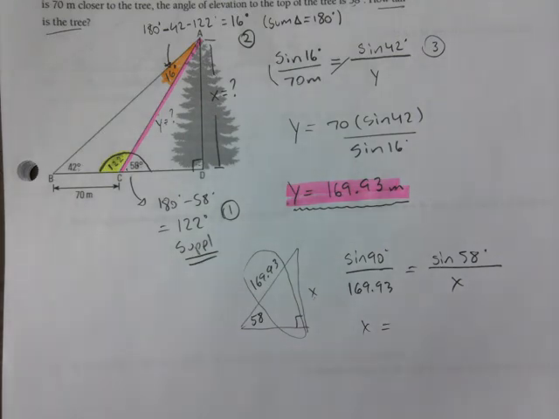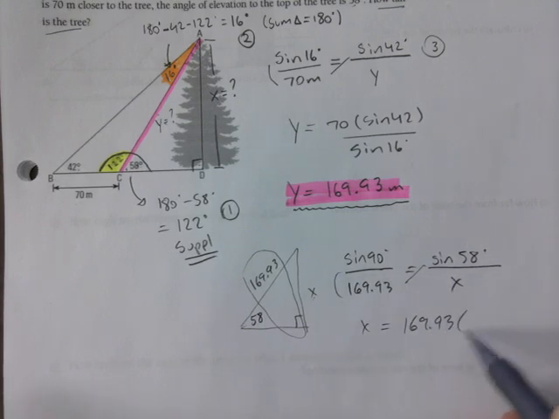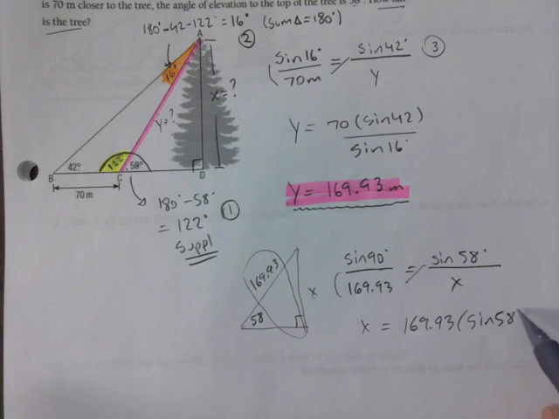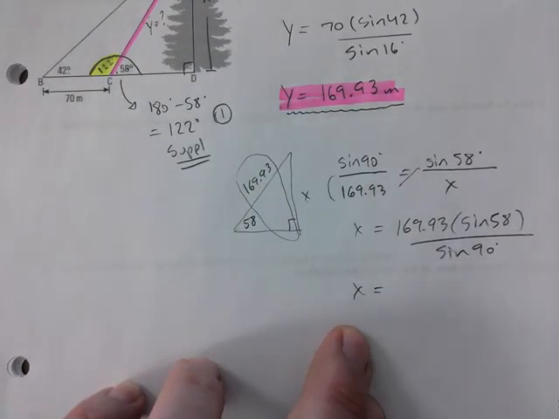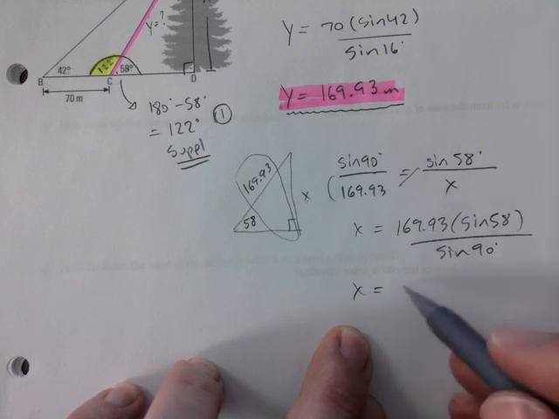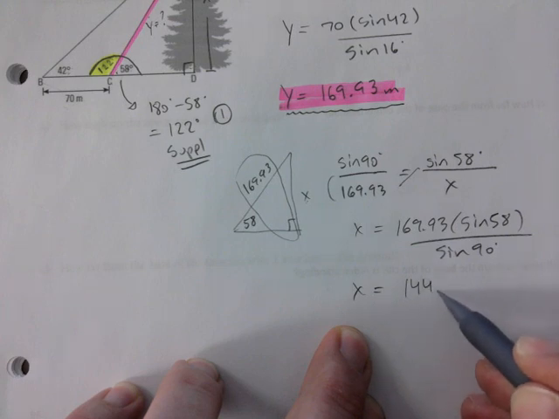Sometimes I tell students to start solving and see what happens, right? If you're stuck, cross multiply and divide. Oops, off script there. So 169.93 times sine of 58, that's 144.11.